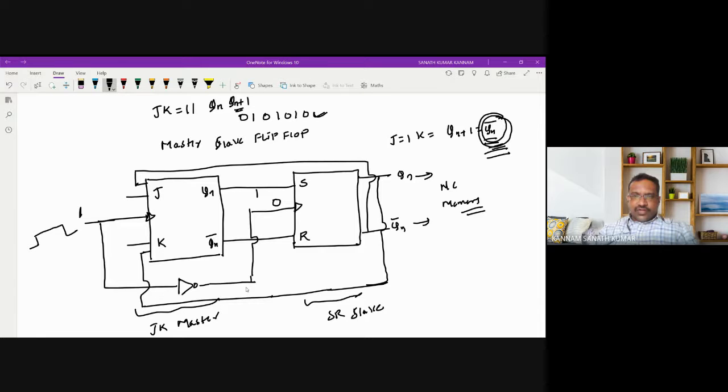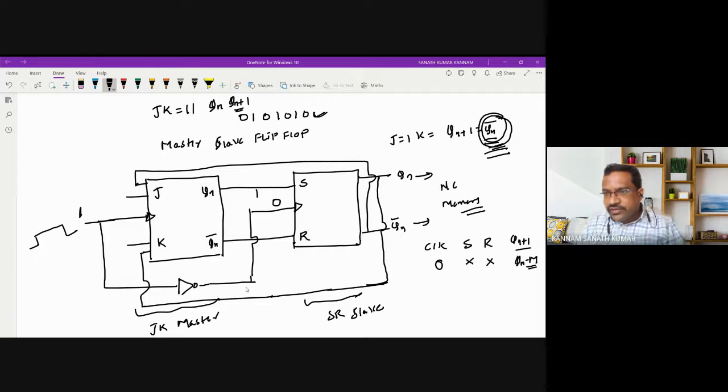In some books they will use the JK flip flop as the slave. We have seen in the truth table that if the clock is zero and it is a positive edge trigger, whatever the inputs S and R, you are getting the memory state, that is nothing but Qn.